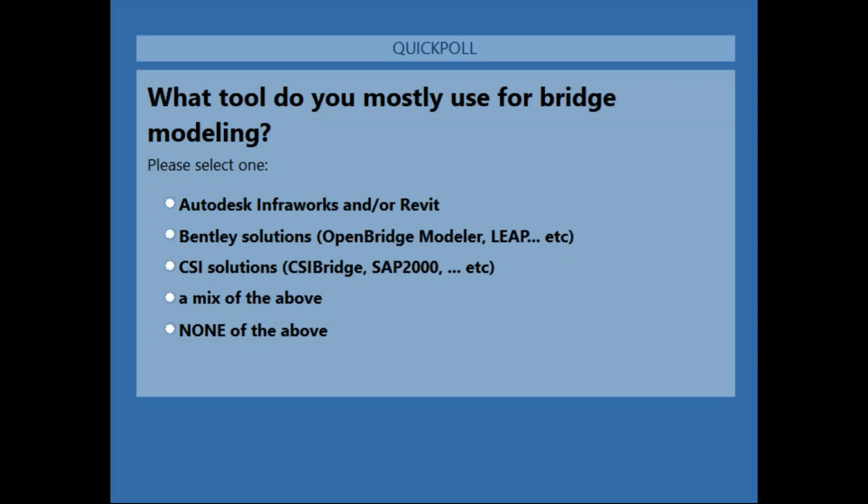Or maybe CSI solutions like CSI Bridge, SAP 2000, etc. Maybe a mix of the above or none of the above. The answers are still coming. Perfect, we have around 55% using Autodesk software like Infraworks and Revit, and the other 45% using none of the above solutions. Thank you.